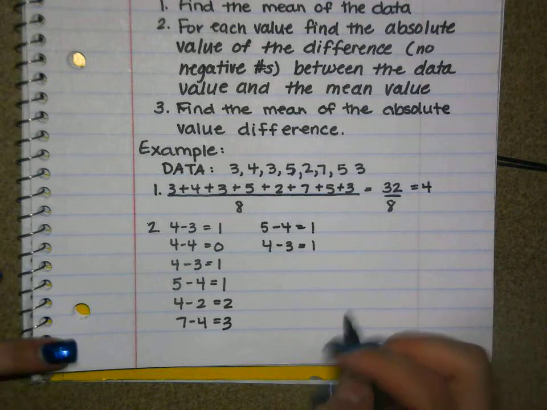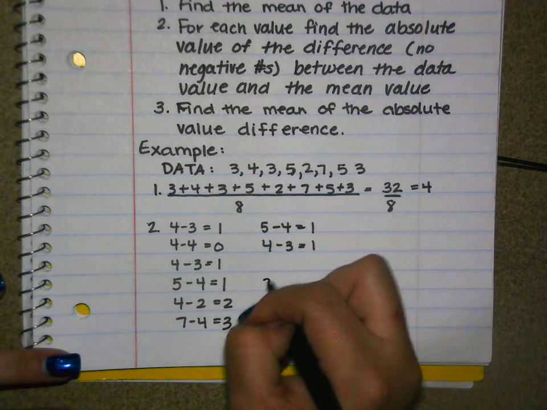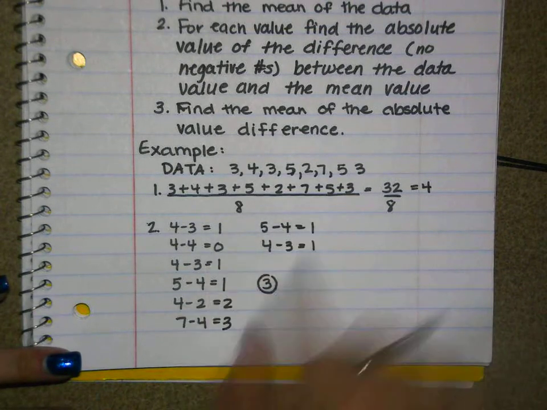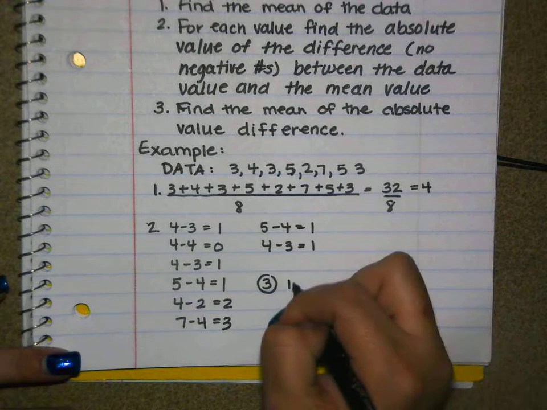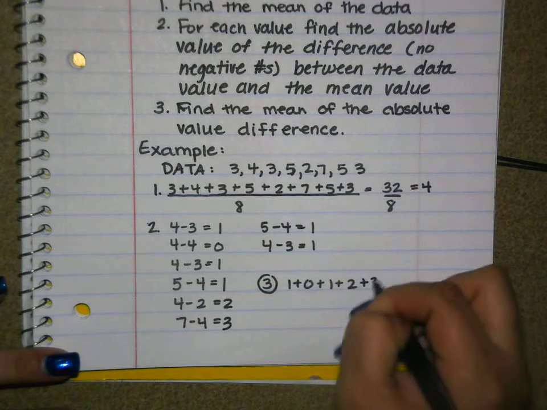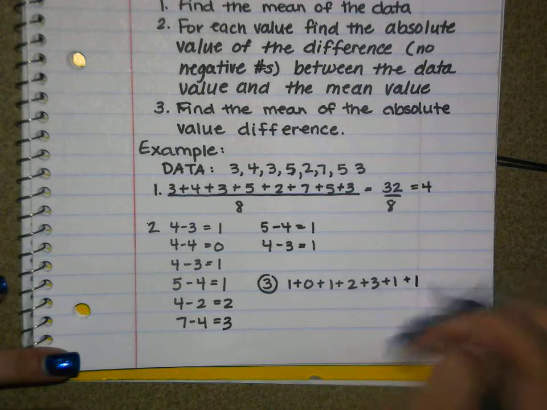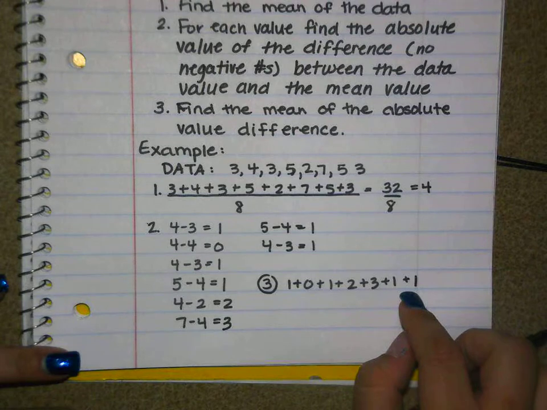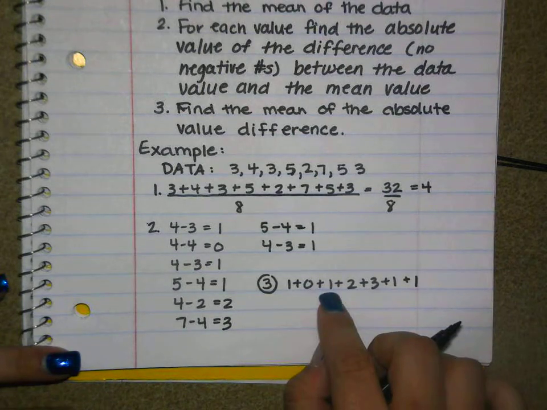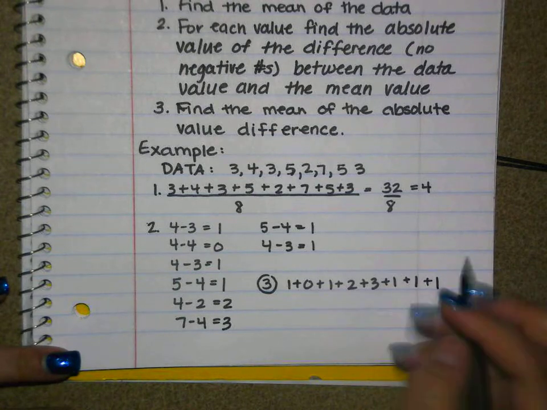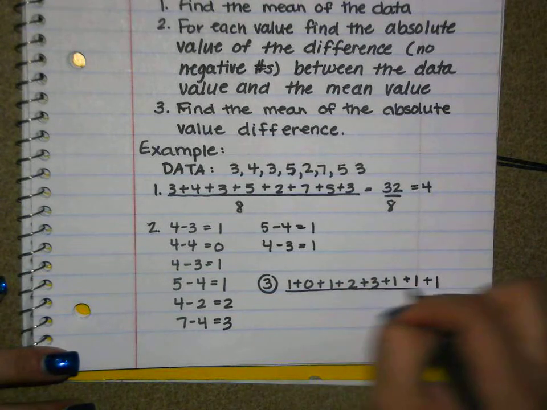The third thing we're going to do is find the mean average. So we're going to add up all of these differences: 1 plus 0 plus 1 plus 2 plus 3 plus 1 plus 1. Oh, we missed one. 1, 0, 1, 2, 3, 1, and another 1, and we're going to divide all of that by 8.